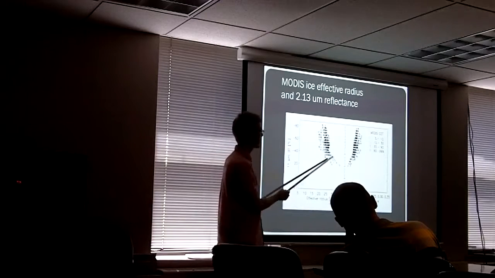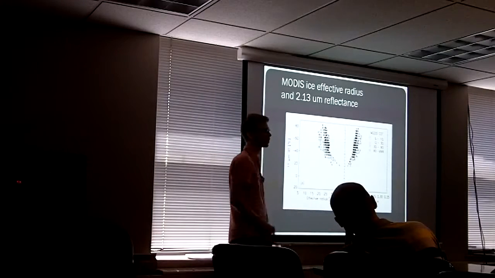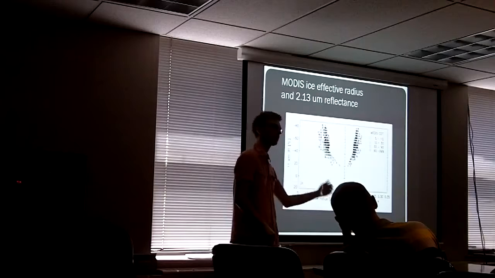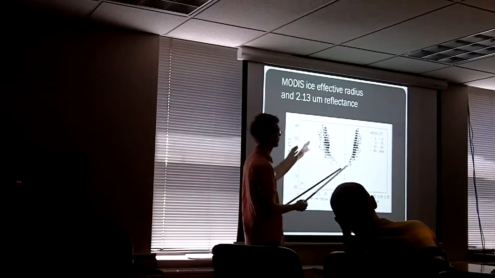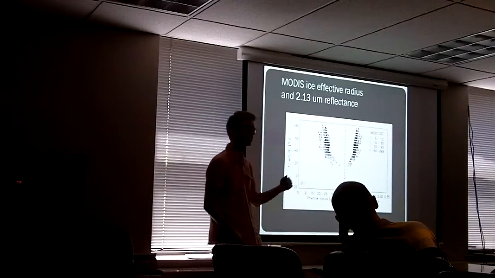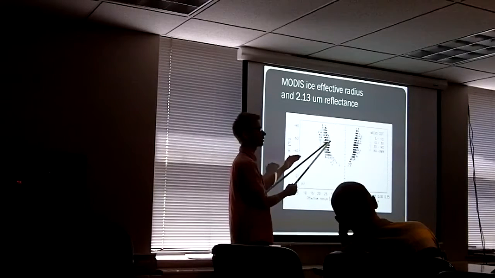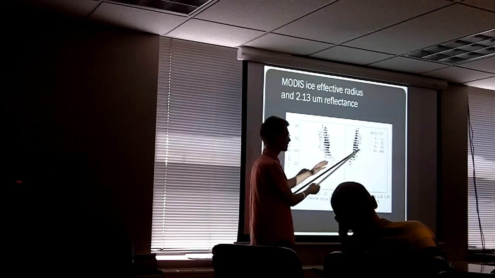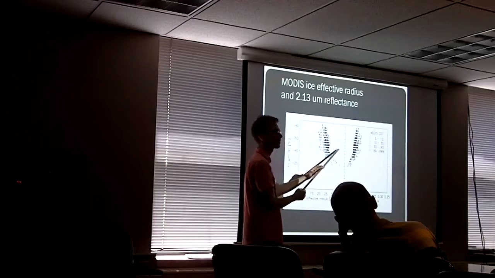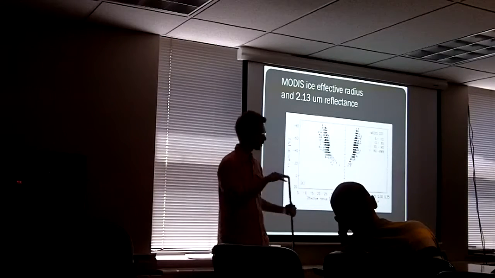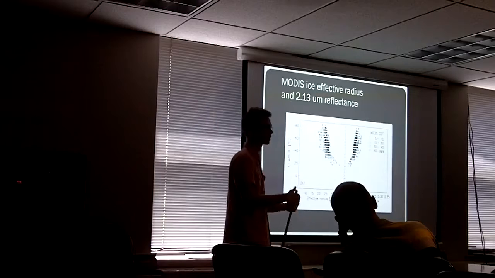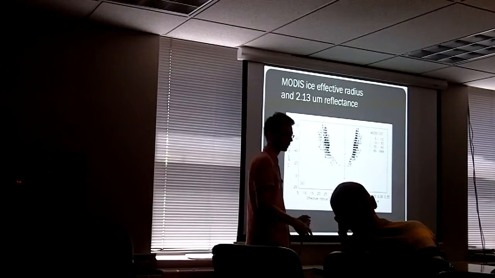I also added the 2.13 micron reflectance, where you can see it's sort of a mirror image. This reflectance is mainly determined by the effective radius. So I'm going to use that later to evaluate the model.